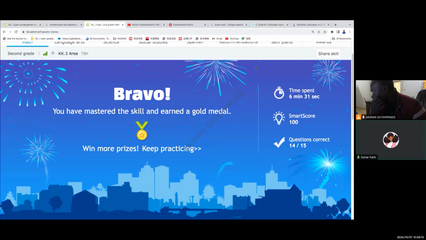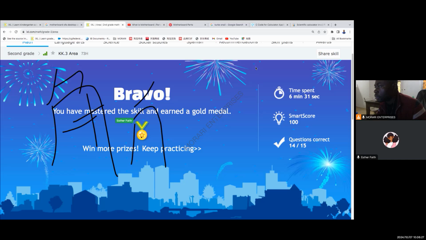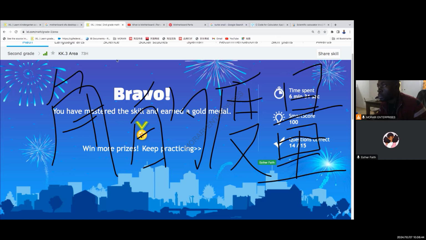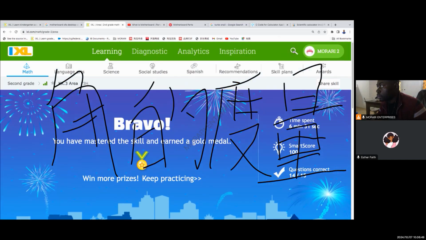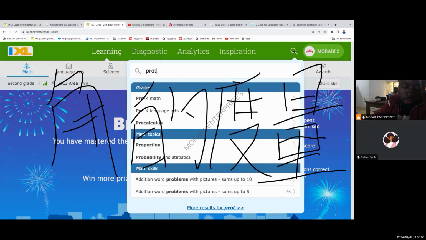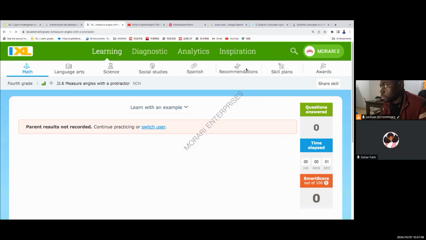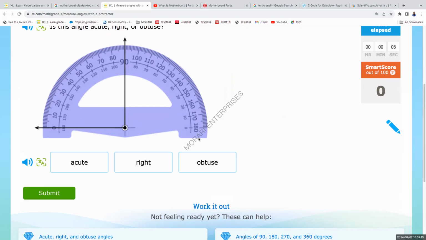Now we have learned this part. What angle is this?